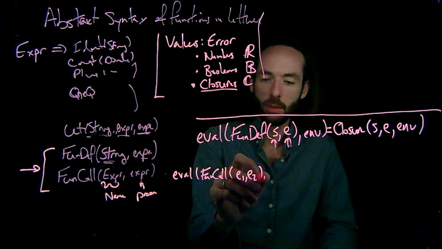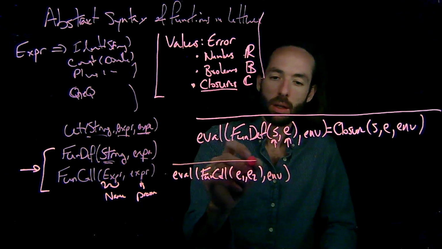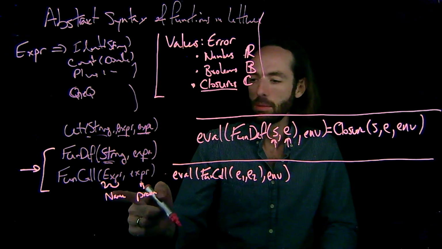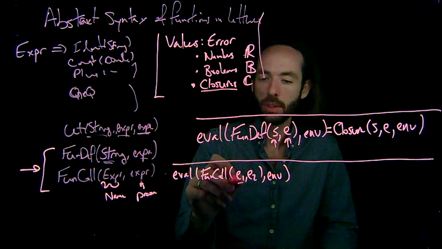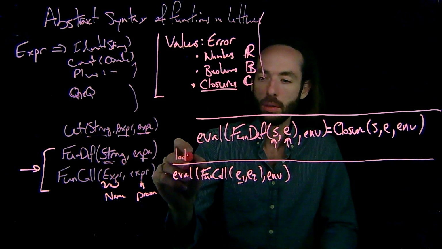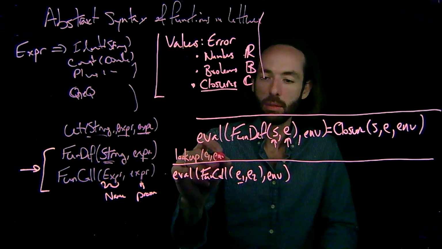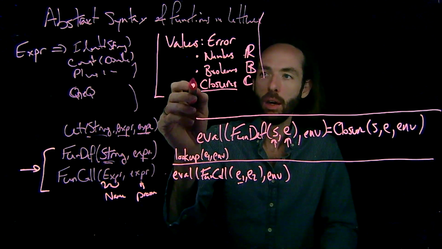So this needs to be evaluated with a local environment. And what do we need in order to be able to calculate this, right? Well, funcall, we pass it a name, so we need to look that up. So the first thing we do is we look up e1 in our environment. And e1, that's the name, so it should be an ident of something, and it should be bound to a value, right?